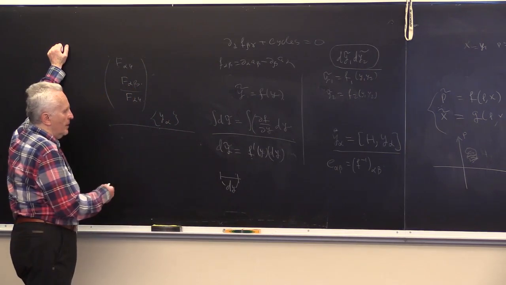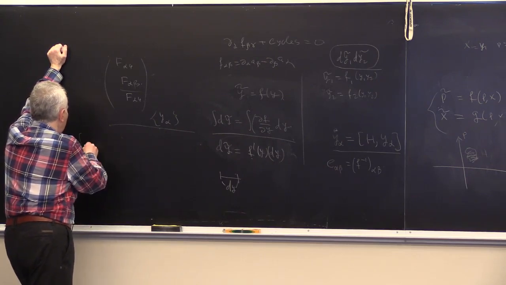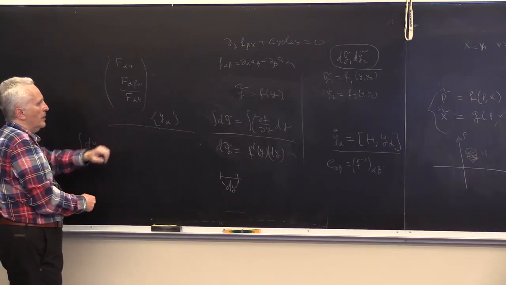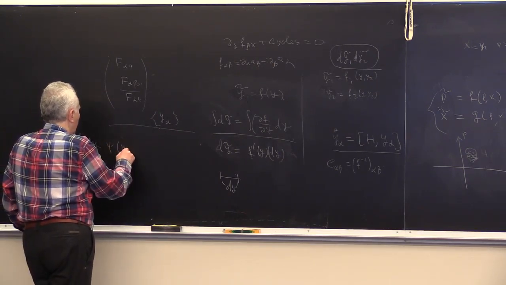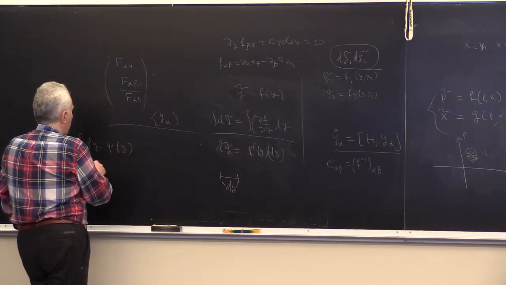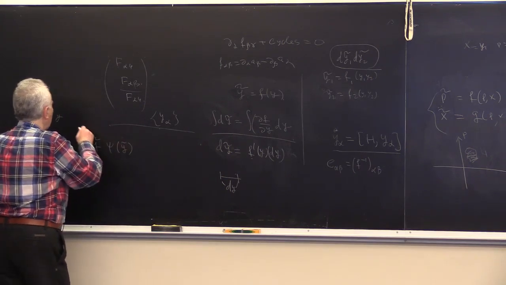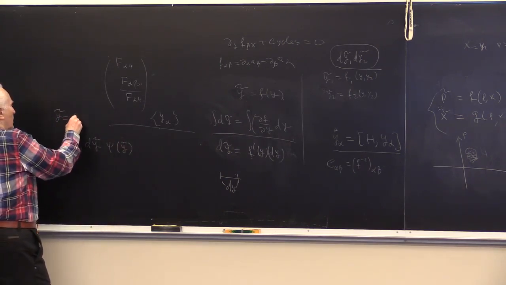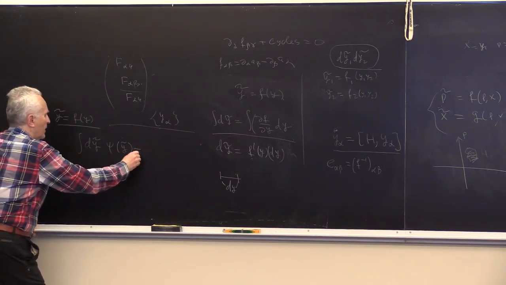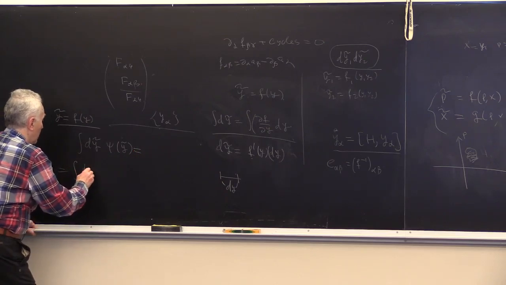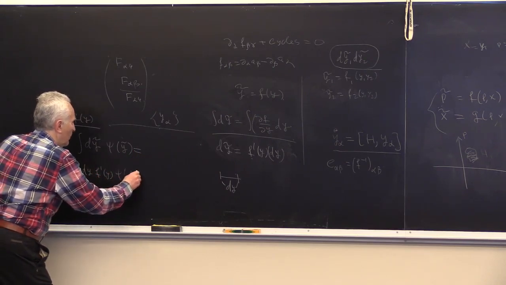How do you change variables? It's a change of variables. So suppose you integrate some function here. I'm returning to this one-dimensional case. You have some function, you have some integral, and what it says is that you can change variables, let's call them tilde. Let's now choose y tilde as some function f of y. As a result, this integral will be dy f prime of y psi of f of y.